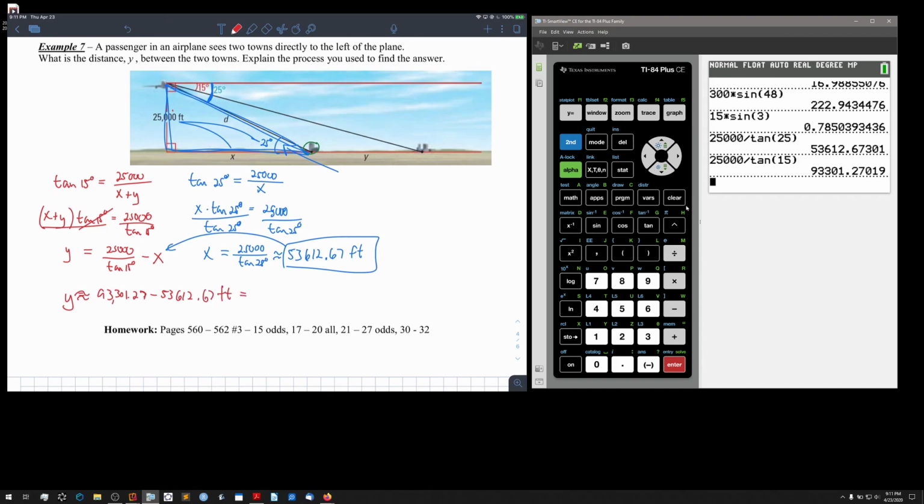If I take that minus this, you get 39,688, let's say 60. If I round to the hundredth, let's say 60 feet. Something like that.